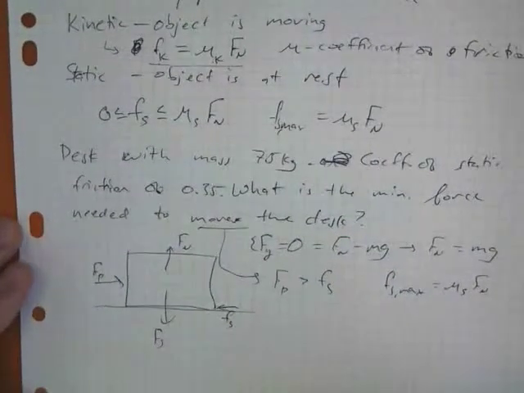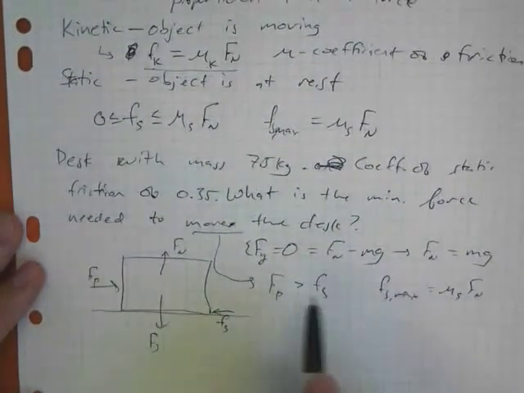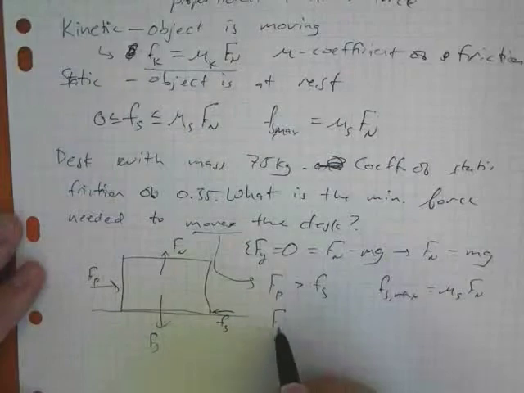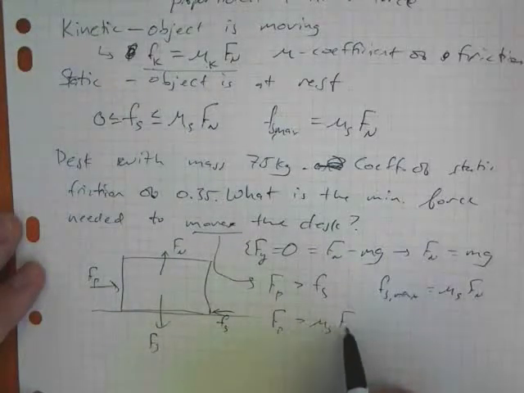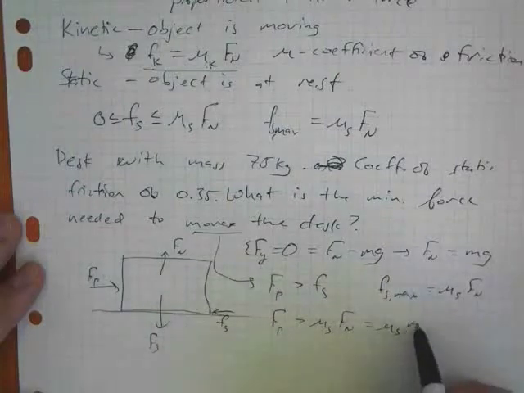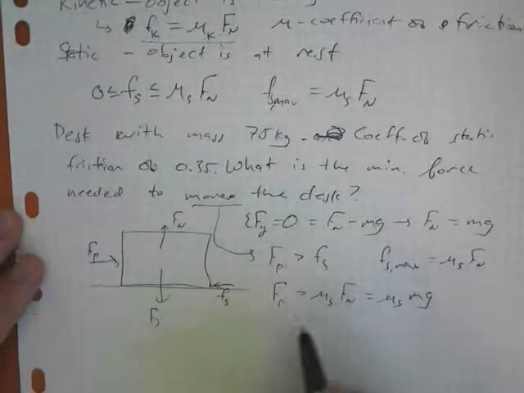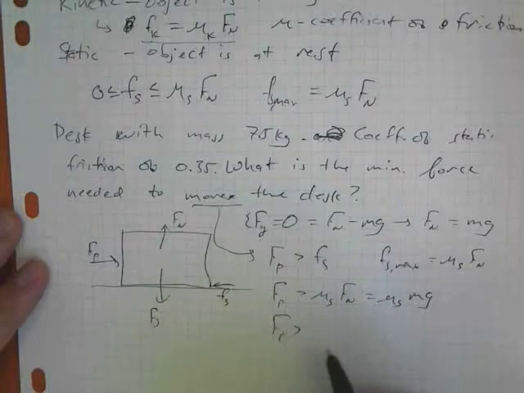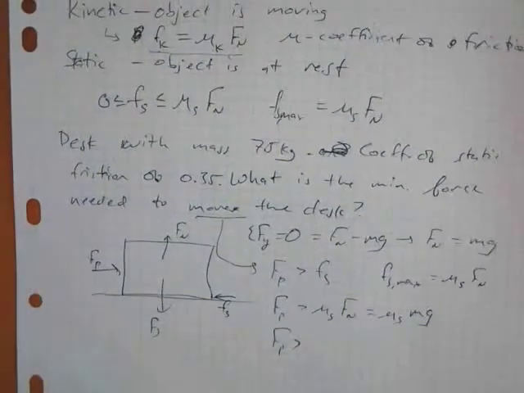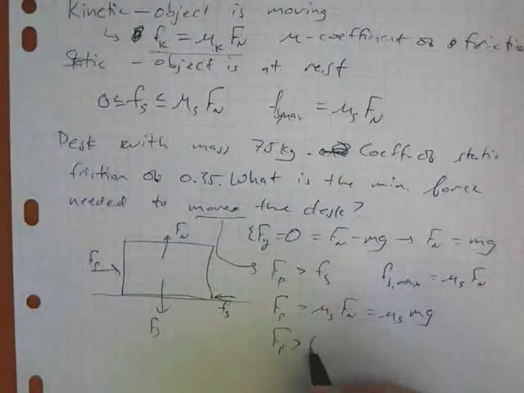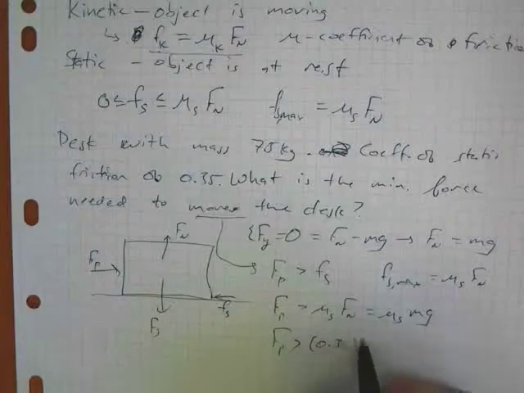So, in order for the block to move, the pushing force has to be greater than mu sub s times normal force, which is equal to mu sub s times mg. So the pushing force has to be at least 0.35 times 75 times 9.8.